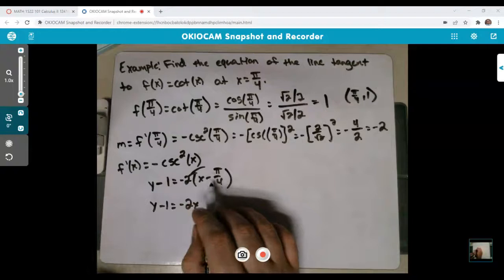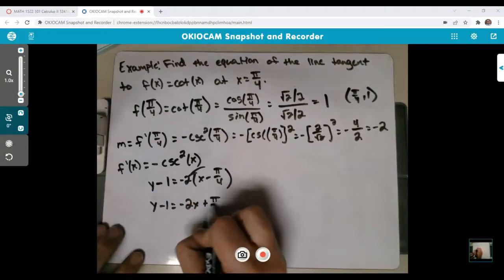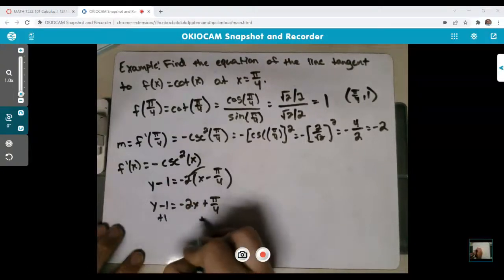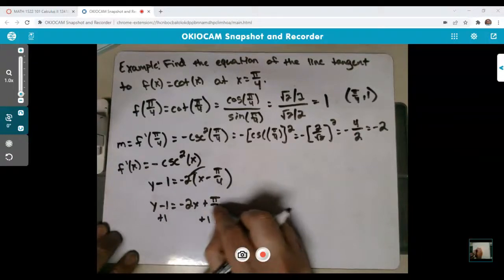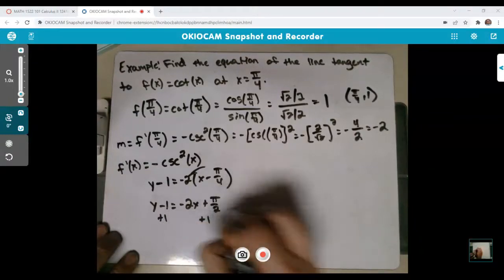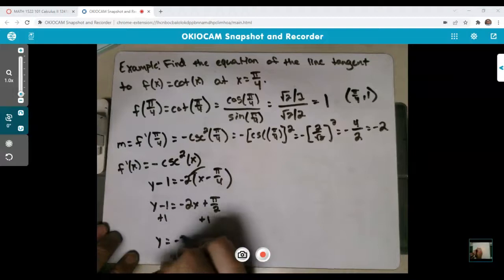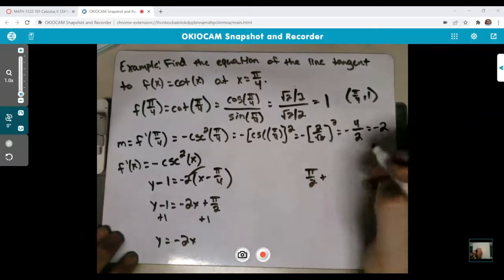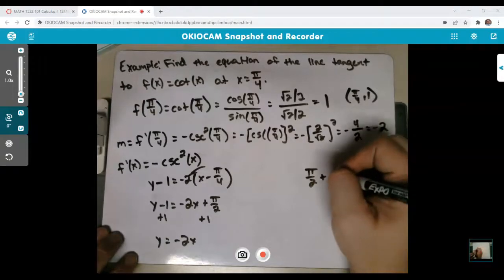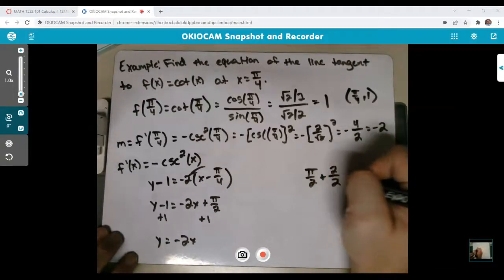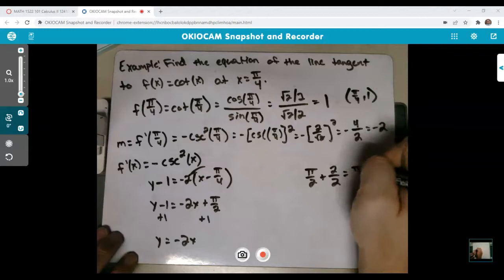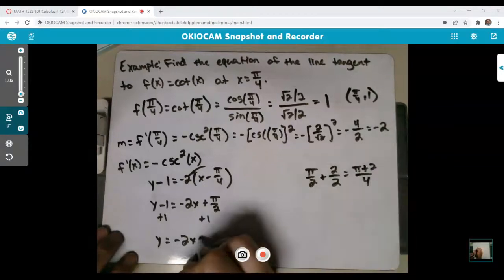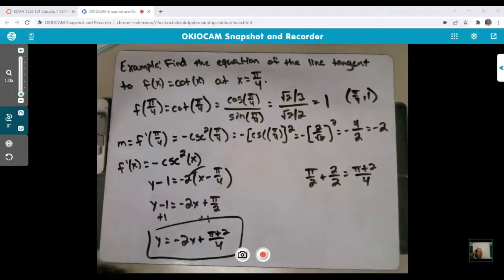Negative 2 times negative pi over 4 is positive pi over 2, apologies. Then add 1, y equals negative 2x plus pi over 2 plus 1. That's pi over 2 plus 2 over 2, which is pi plus 2 over 2. And there it is.